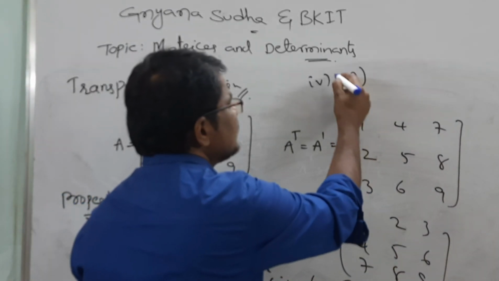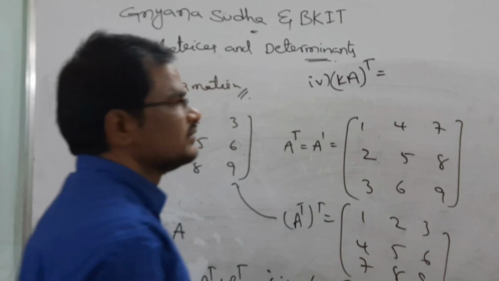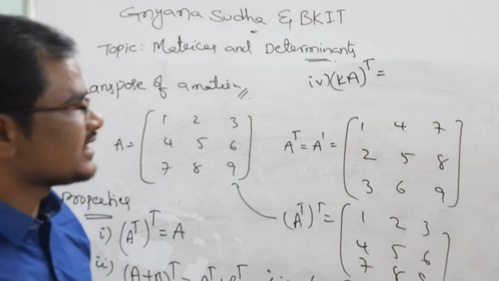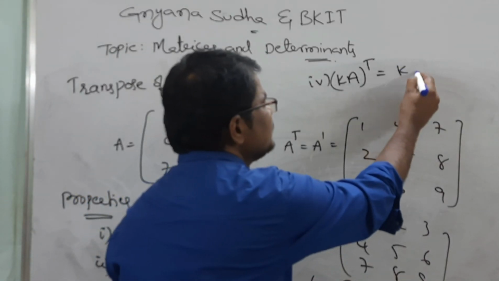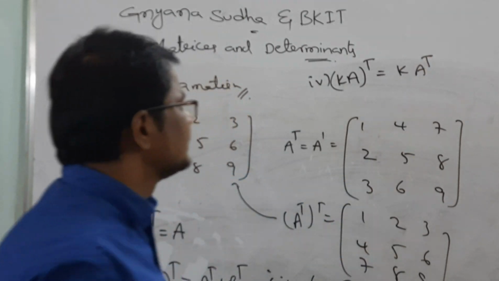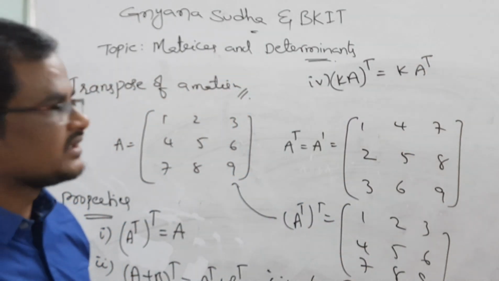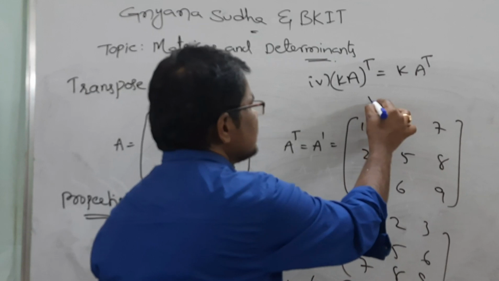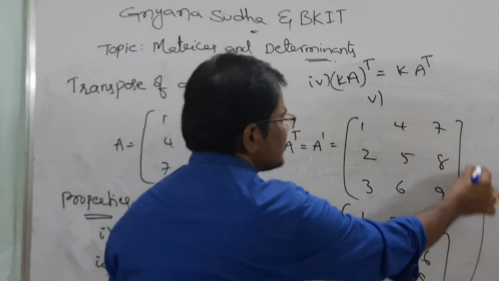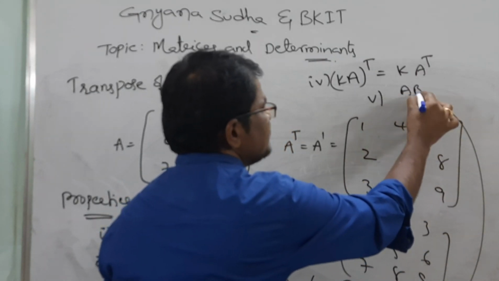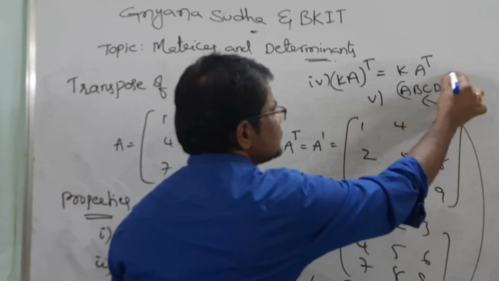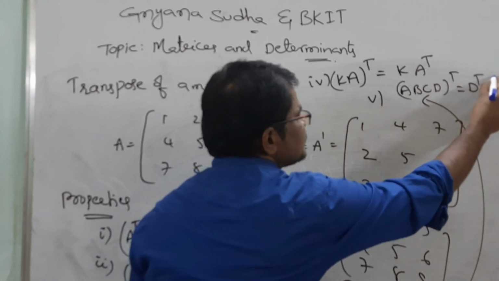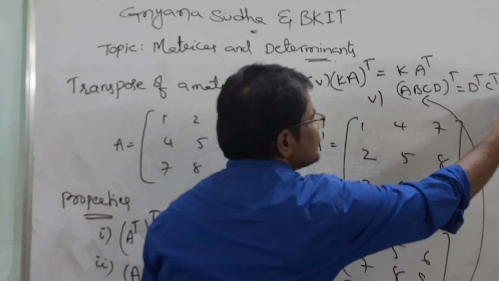And the fourth one is (K into A) whole transpose equal to K into A transpose. And the last one, in general, if you generalize this, (ABCD) whole transpose equals D transpose, C transpose, B transpose, A transpose.